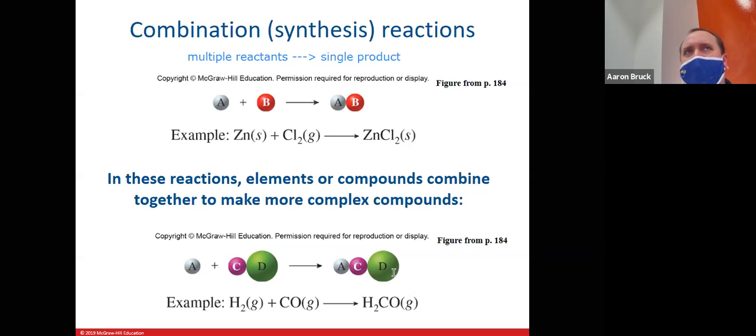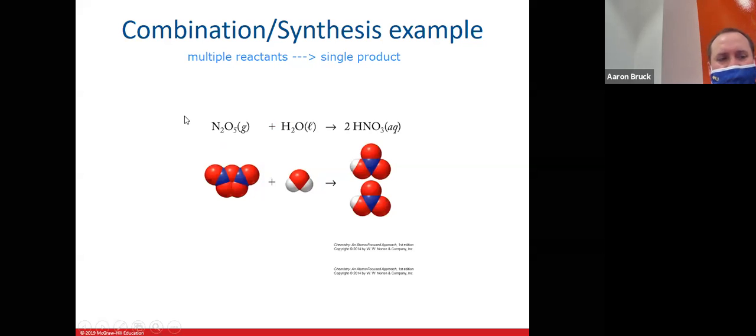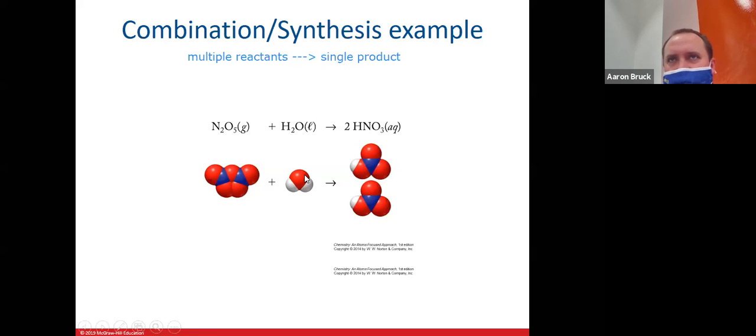But even at that, we are not limited solely to reactions involving elements. There is also the possibility of reactions like these, where I've got multiple compounds. And here I've got dinitrogen pentoxide, N2O5, reacting with water to make nitric acid. In the end, it is two compounds coming together to make one new product.